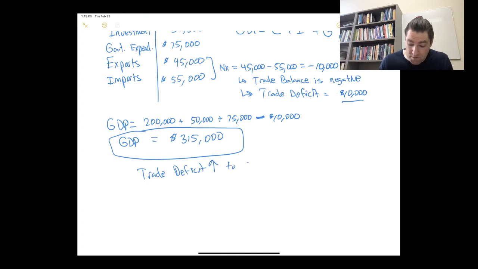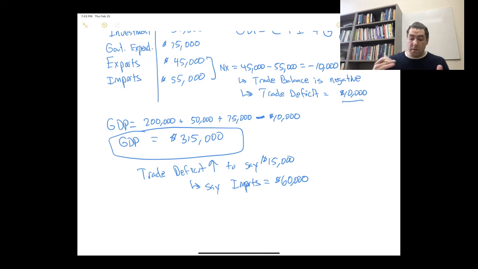So if my trade deficit goes up to, say, 15,000, that would mean that my imports went up by 5,000 more than my exports in this new year. And so I could represent that in my example by adding 5,000 more to imports. So if my imports was 60,000, the trade deficit increased to 15,000.